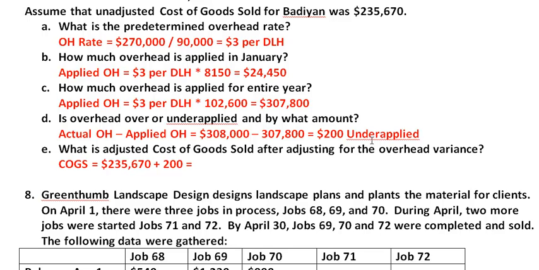If it has been under applied, you did not put enough cost into work in process. And think about cost flow. It goes from work in process to finished goods to cost of goods sold. So through all three of those accounts, your cost was too low. So we have to adjust cost of goods sold and add it. Okay, so if it's under applied, you add. If it's over applied, you subtract.